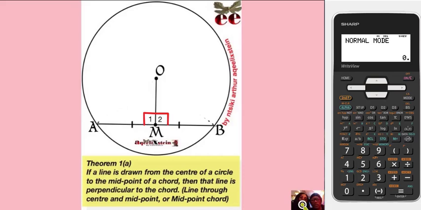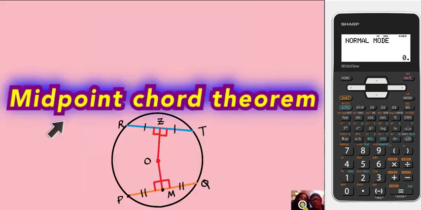Did you understand that theorem? Yes. Now, the short way of writing it is to write what I'm underlining in red: midpoint chord. It's what I told you here. Midpoint chord theorem. That will be your reason. Now, we can also do the converse.